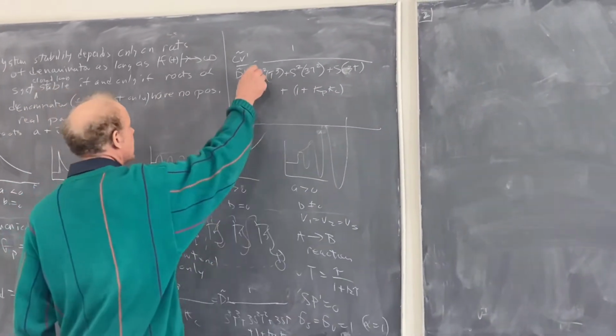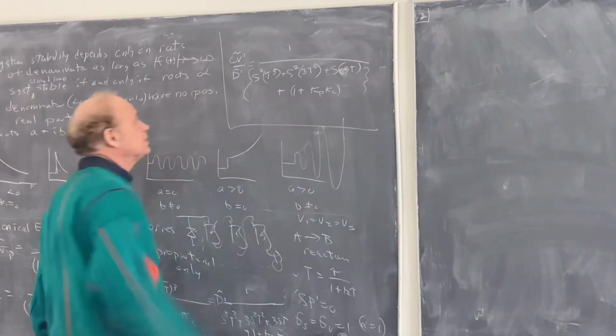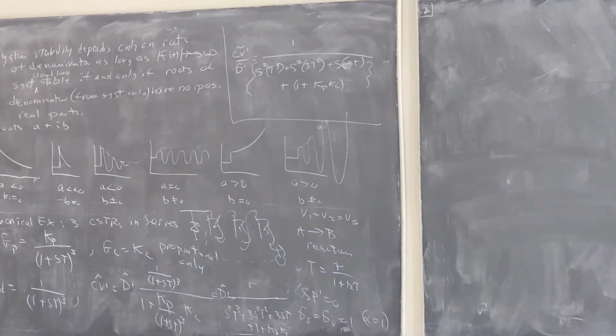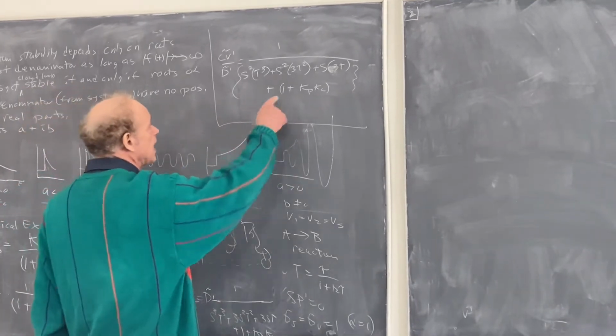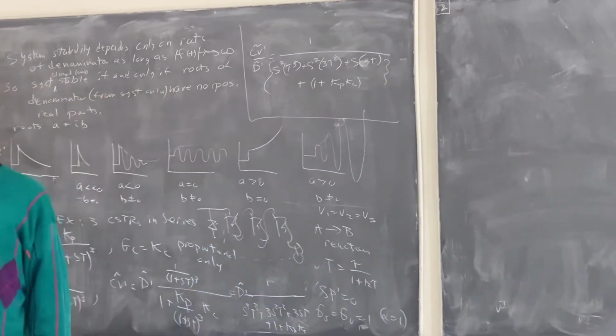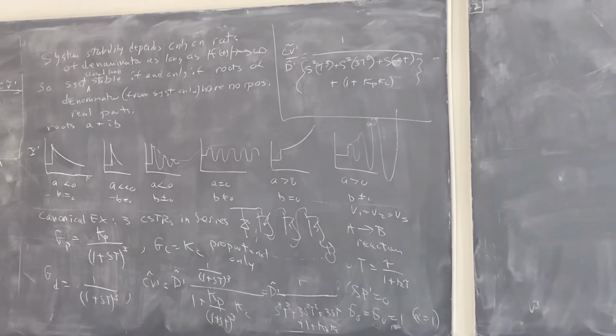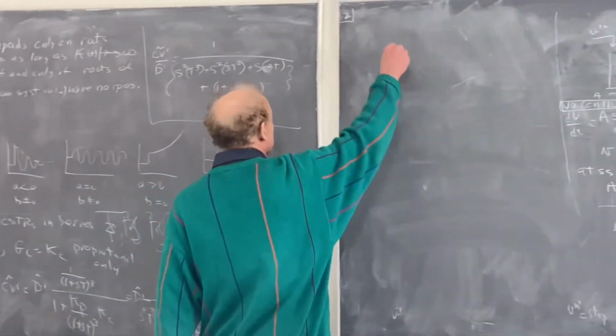This is all in the denominator, and notice that this thing is a cubic equation. The coefficient of the S to the 0 term depends on KP KC. So let's look at the roots of this denominator.